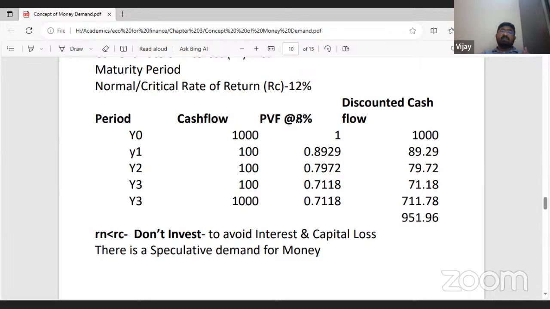That means there will be a capital loss. So, will you invest in the bond? No. You will hold it as money for a better investment. So when interest rate falls, demand for money increases.